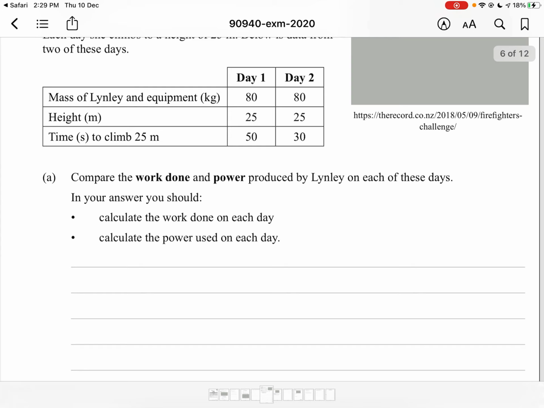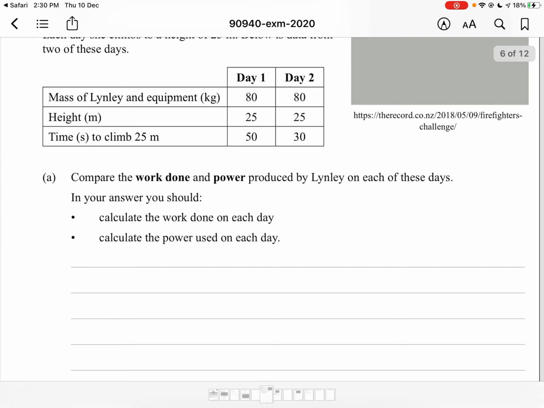Since the work done is basically the amount of chemical potential energy in Lindley that is transformed into gravitational potential energy, and the gravitational potential energy only depends on the mass and the height climbed, the amount of work done, so the amount of chemical potential energy transferred into gravitational potential energy, because work is transferring energy into different forms, is basically just equal to the gravitational potential energy gained.